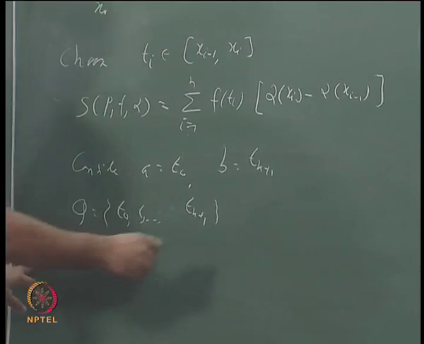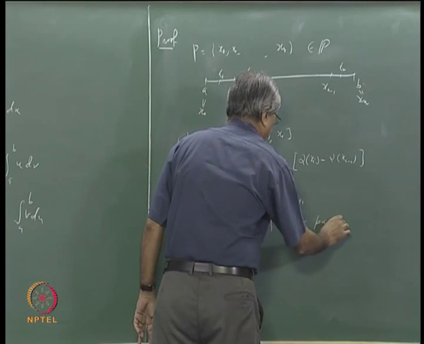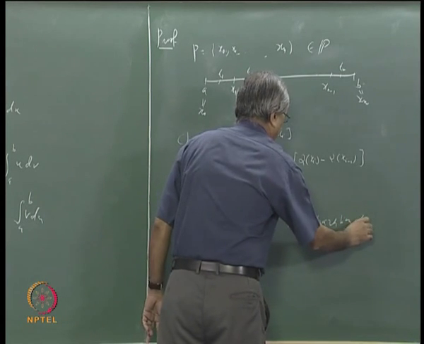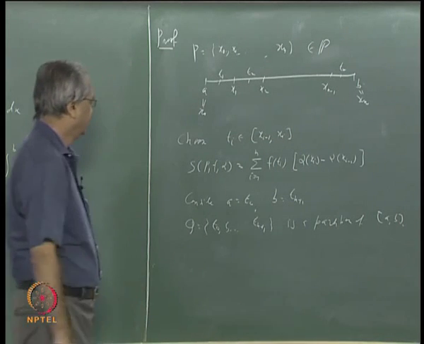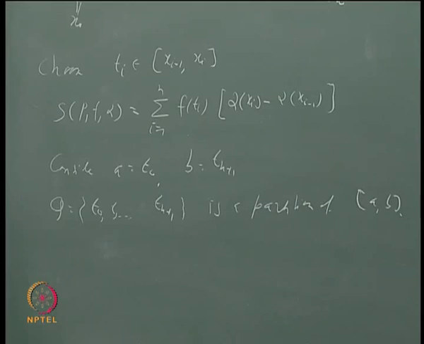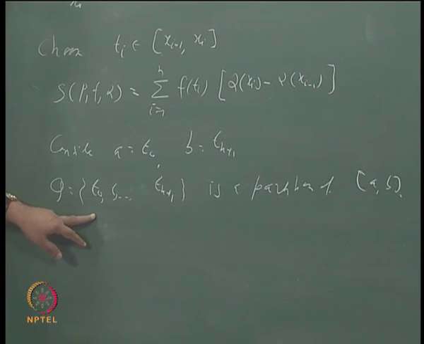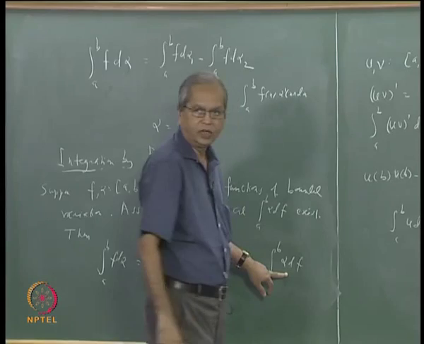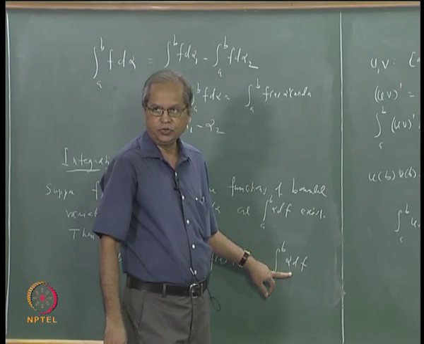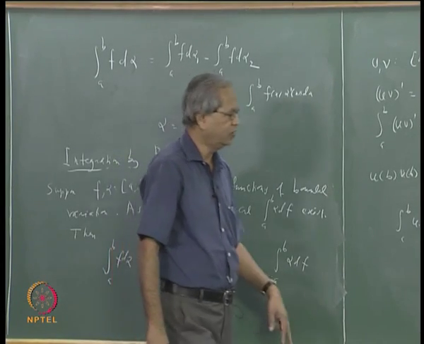So this is also a partition of [a, b]. Now what I do is that with respect to this partition, I write a Riemann-Stieltjes sum corresponding to this integral, that means S(Q, alpha, f). Consider S(Q, alpha, f).